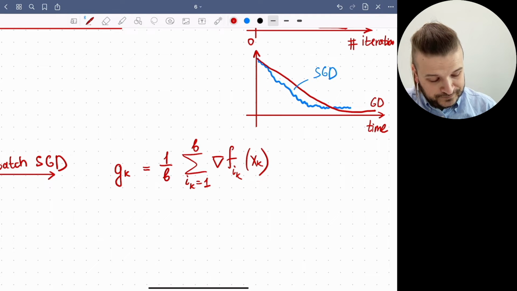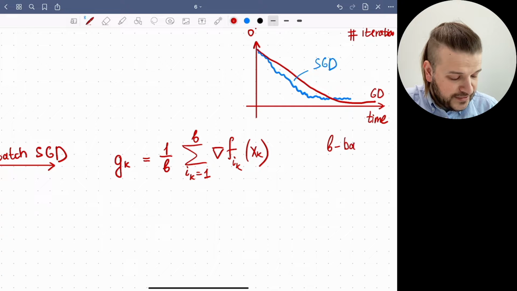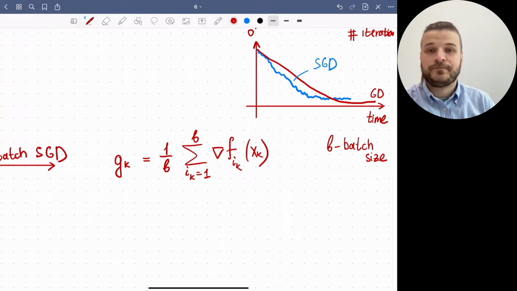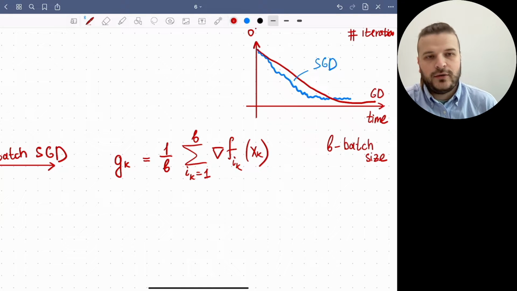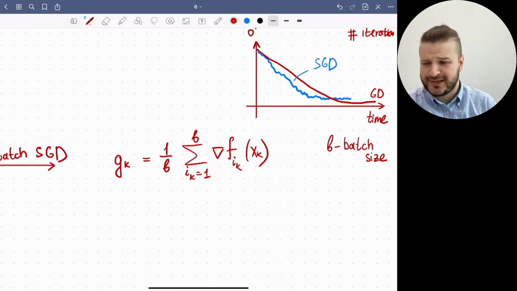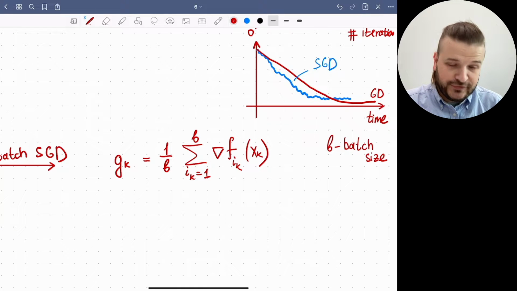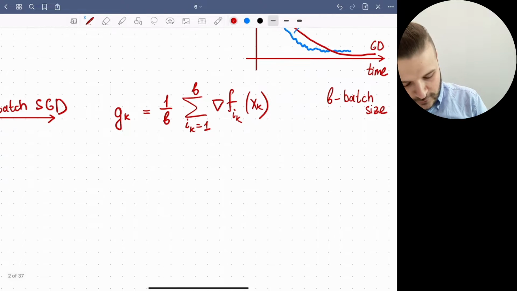So b here stands for the batch size. And the whole bunch of selected data points will be called a batch. That's not very important here. And still, the formal algorithm will be formulated as follows.